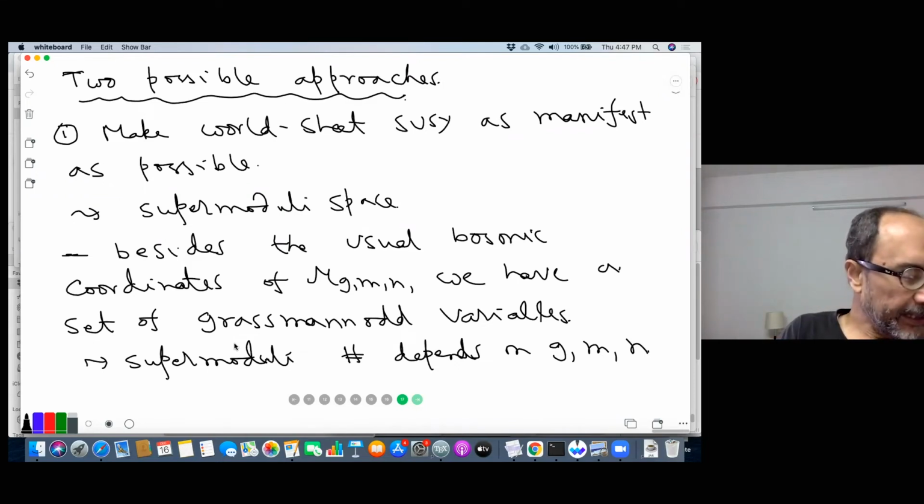This certainly is more geometric, but this has not been developed to the extent that the other one has been developed. So I'm going to describe the other one. Now, in principle, the other one can be related to this. Although it has never been achieved from first principles, let me just say what the formal relation is.